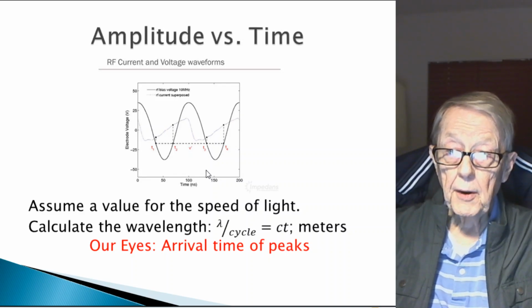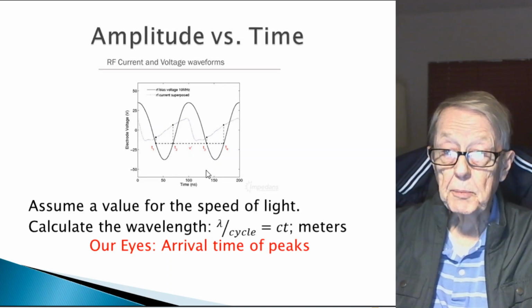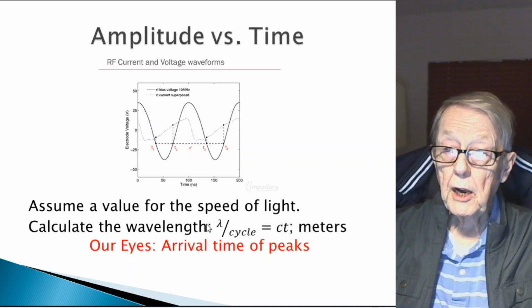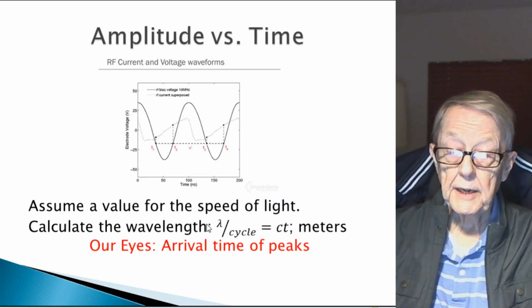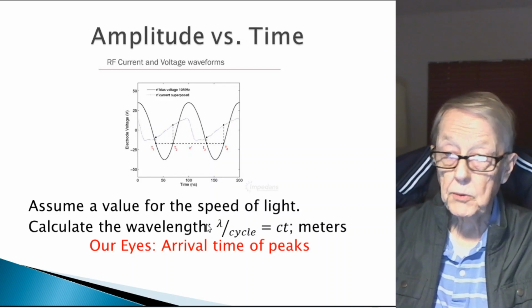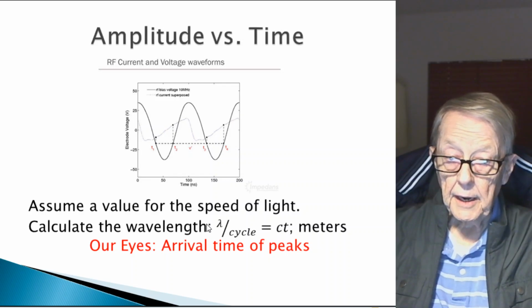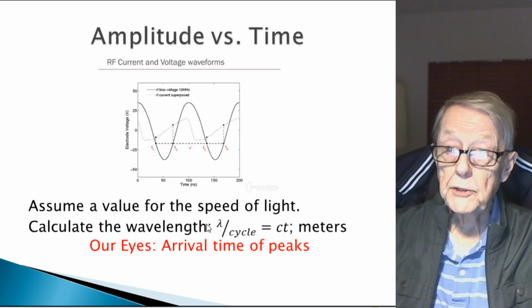Interesting point about our eyes. We don't detect redshift per se, but we detect light, and it's based on the arrival time of the peaks. Our eyes can't measure the speed of light as it enters. They can't measure the wavelength, the distance between the peaks as it hits our eye, and they don't measure the frequency.